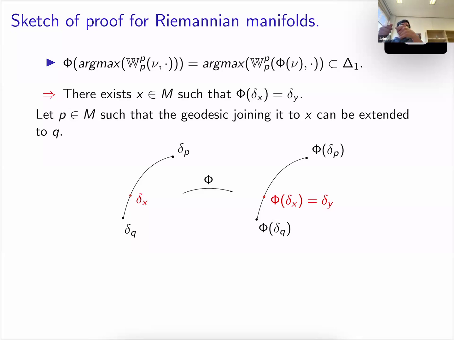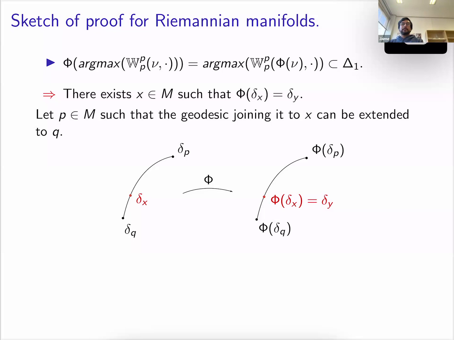I take the unique geodesic in the Wasserstein space that goes from delta P to delta Q and passes through delta of x. Again, I apply the isometry. It's going to go to another geodesic, now one that goes from phi of delta P to phi of delta Q, and that passes through y.